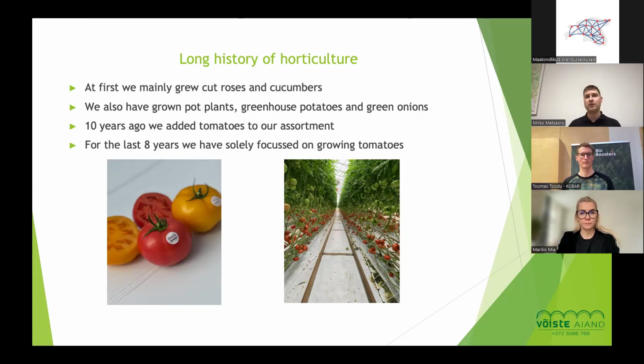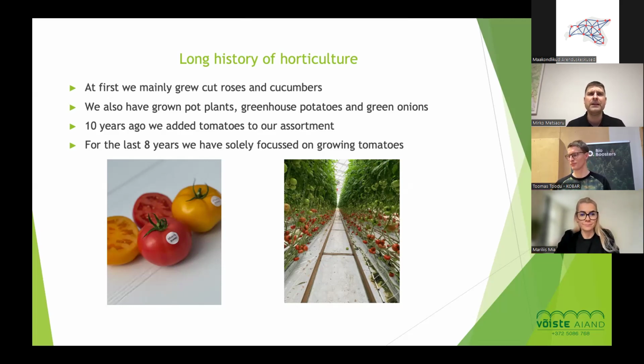So we tried also growing tomatoes. We grew them together for years, but we saw that you have to focus on one crop to be more efficient, to be better at it. So we chose the tomatoes because we have found some varieties that suited our greenhouses. And for at least 8 years, we have been growing solely tomatoes.